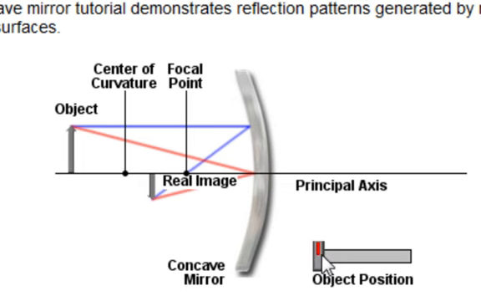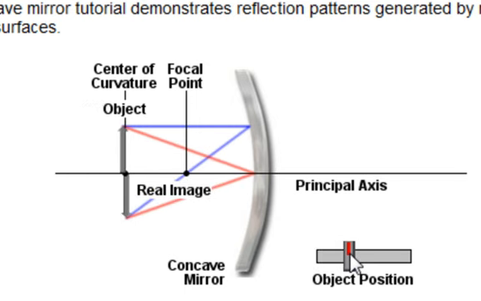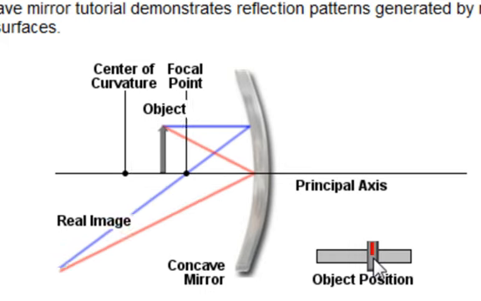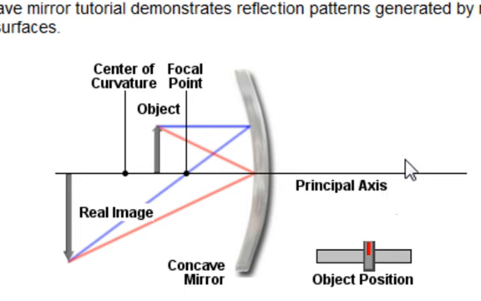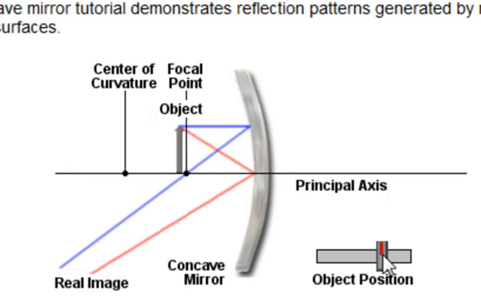Now I can change the position of this object, and when I do, I change the position of the image. And there comes a magical point at which the object and the image are exactly the same magnitude and height. The image produced by this particular position is real, and it's the same size as the object is. As I bring the object closer and closer to the focal point, I produce a real image that is enlarged until I get to the focal point.